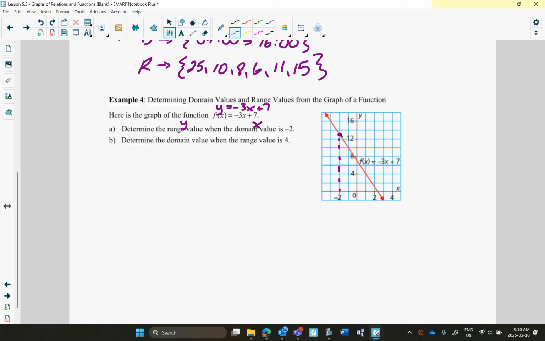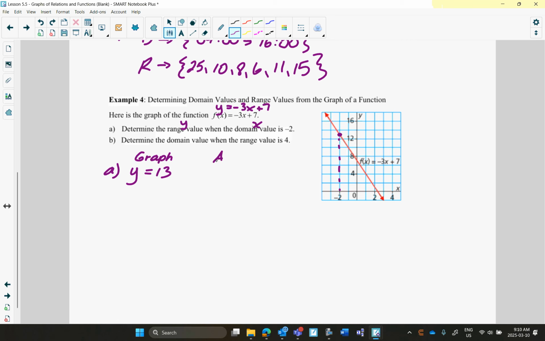What does that y coordinate look like? Be careful here, we're not going up by 1s, we're going up by 2s. So this would be 14. This looks like it's halfway between 12 and 14. So y equals 13. And that's using the graph.